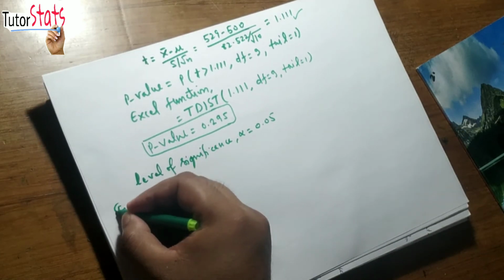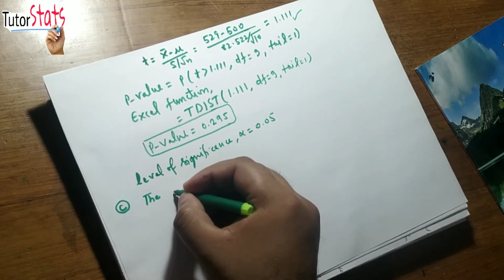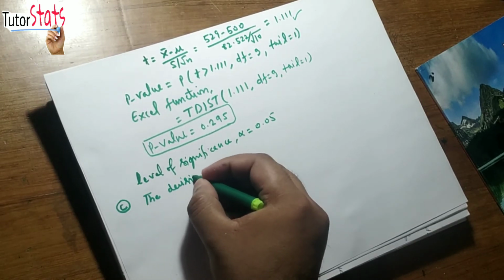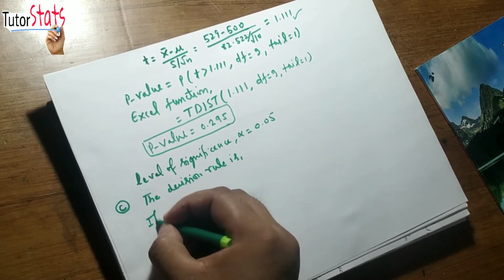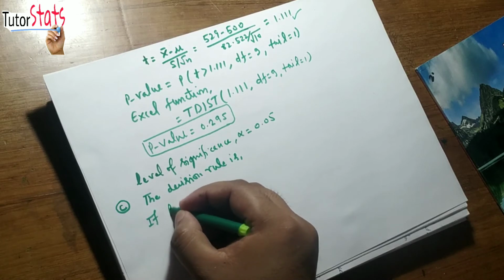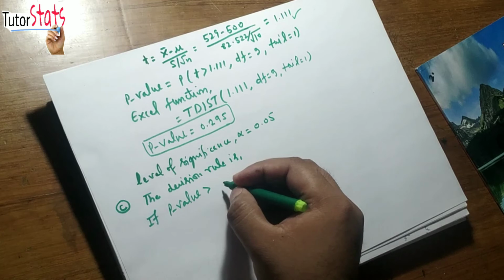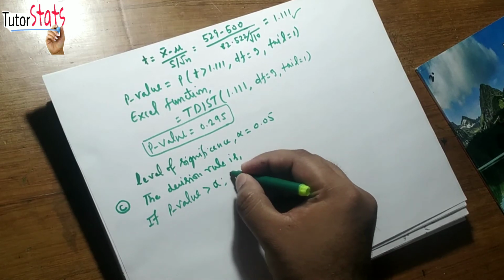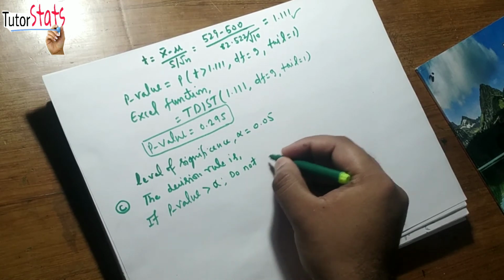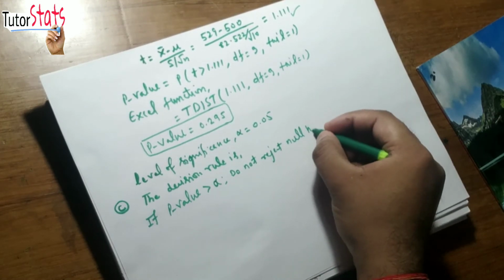In the C part, the decision rule is: if p value is greater than alpha, the level of significance, do not reject null hypothesis.